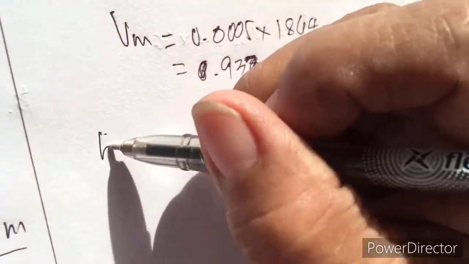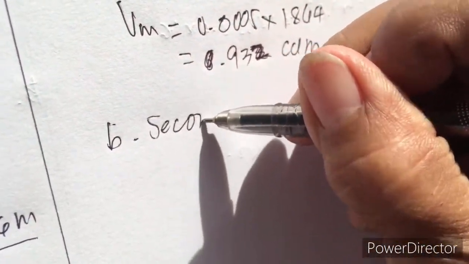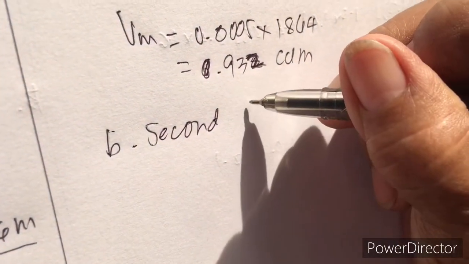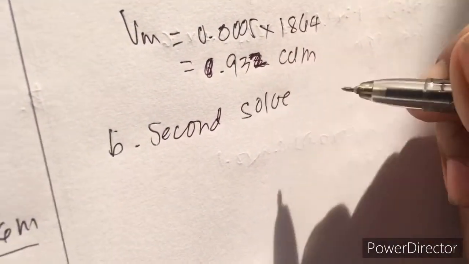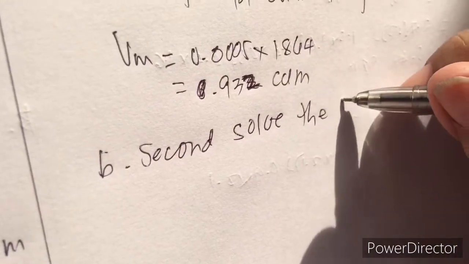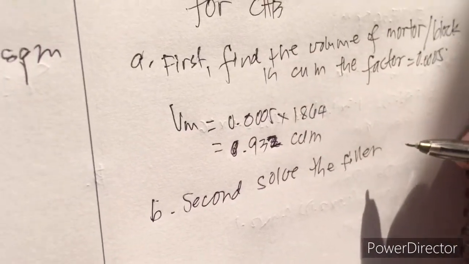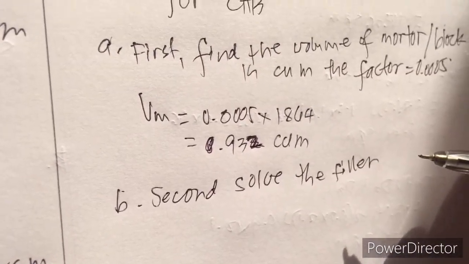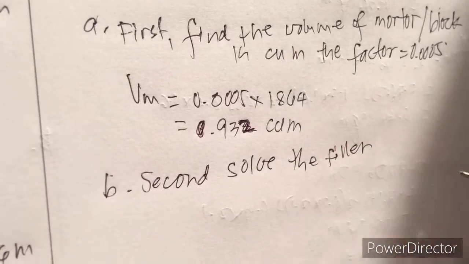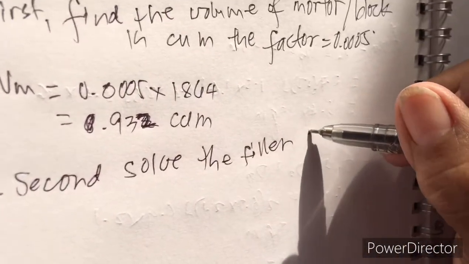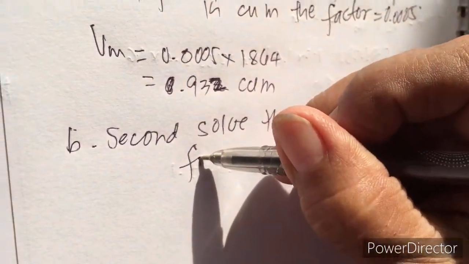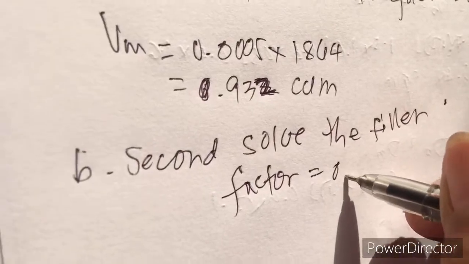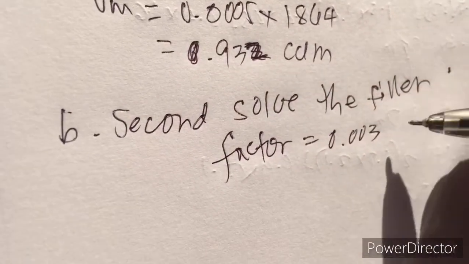Letter B. Second, solve the filler. The factor of filler equals 0.003.